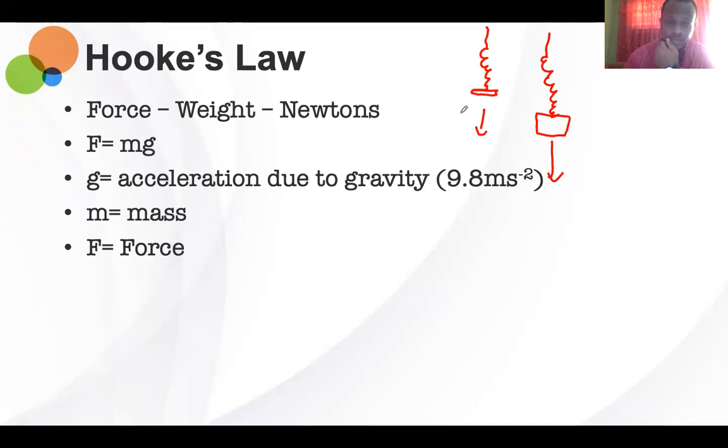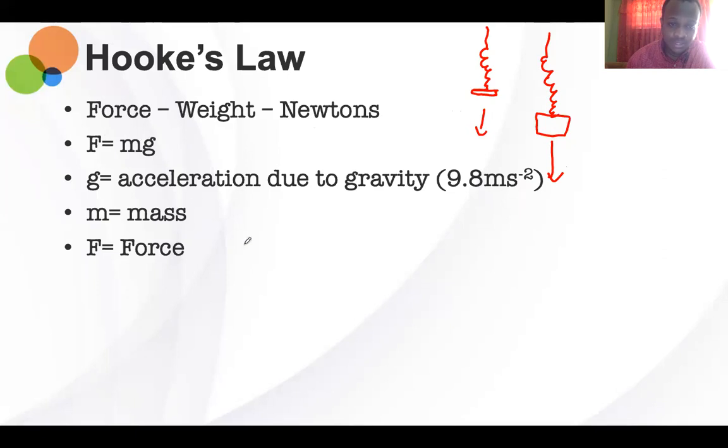So force, as I said, is weight. Weight is a type of force, and they're both in newtons. We'll learn about this in the next class, hopefully. But we have force equals mg. This is our formula to calculate the weight.